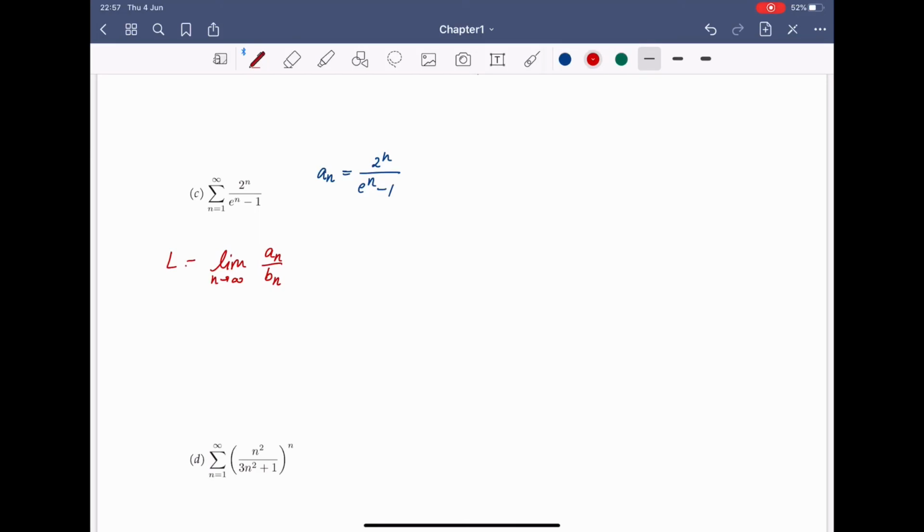This is our L. So if you let your a_n be just 2 to the n over e to the n minus 1, now I am going to pick my b_n to be 2 to the n over e to the n.